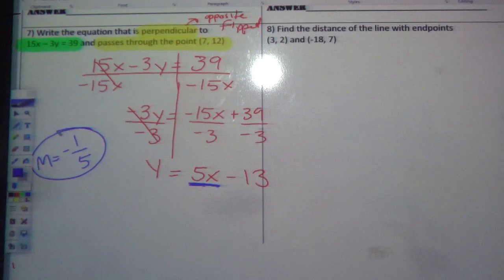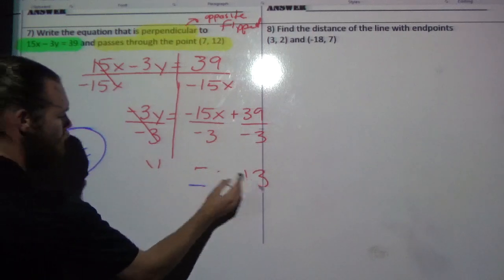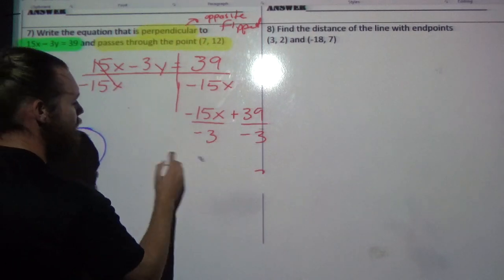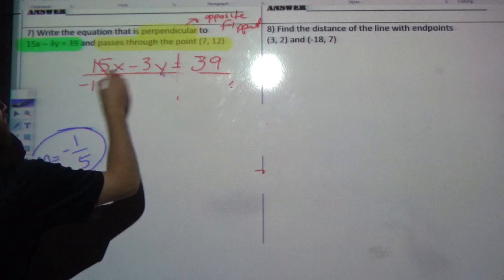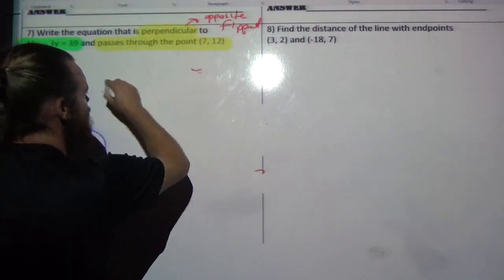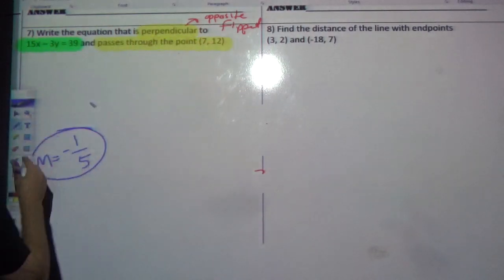Now, once we've solved for y, we have our new slope. So what we're going to do is create our new line. Your new line has to pass through that point.